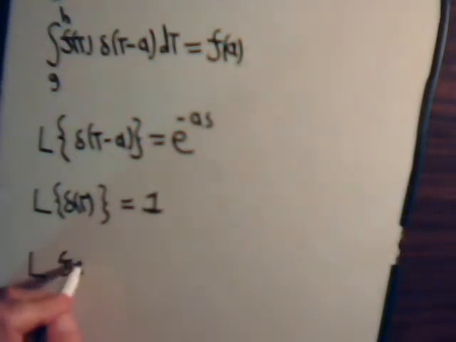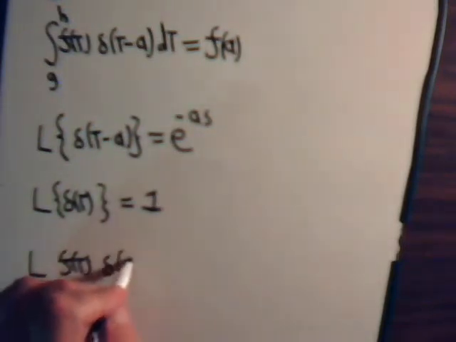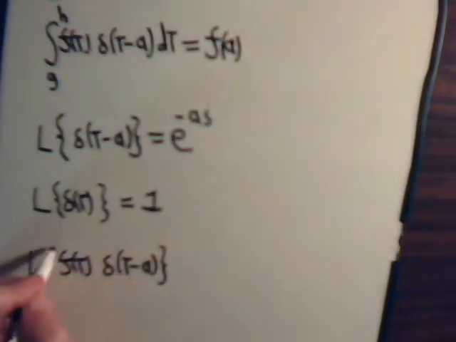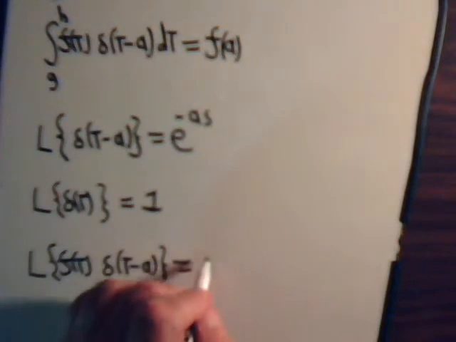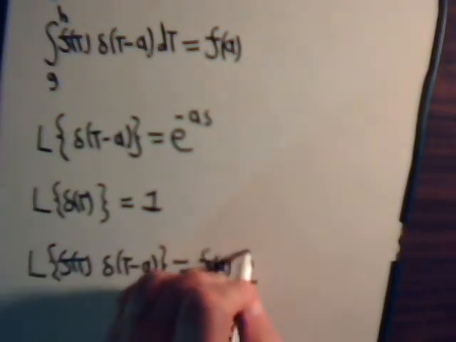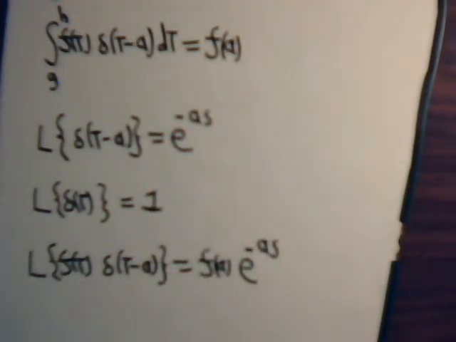And then finally we had that the Laplace transform of a function times this Dirac delta function is some constant, f of a, times e to the minus as.